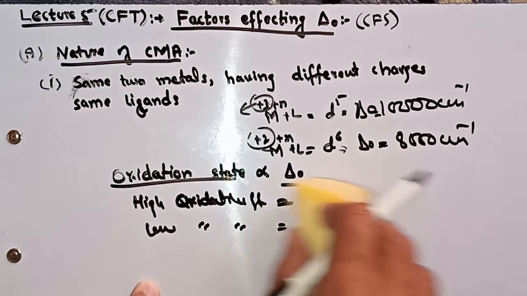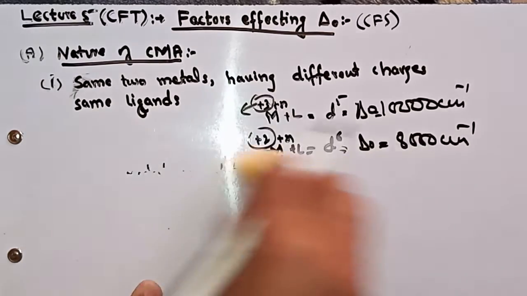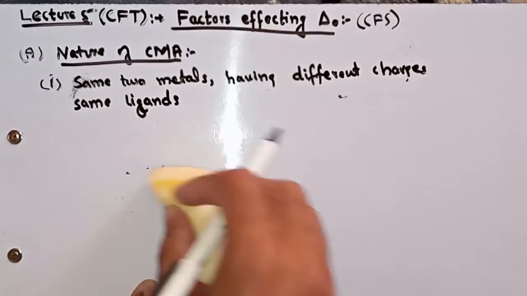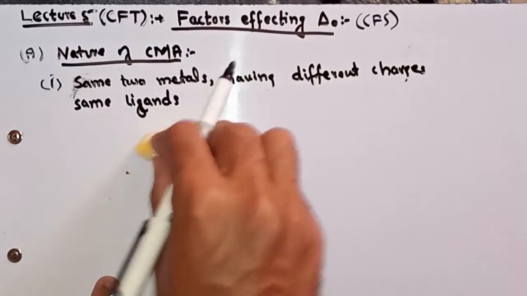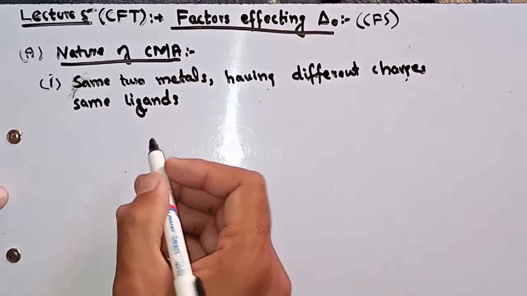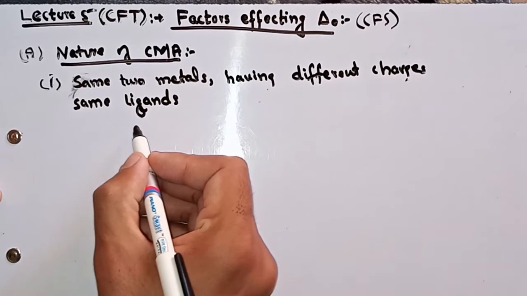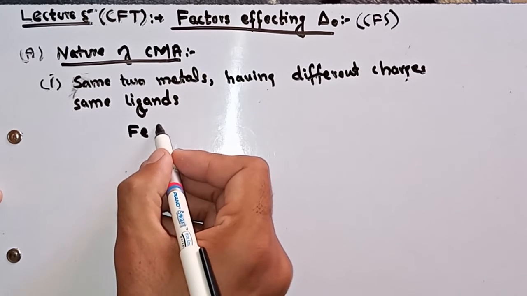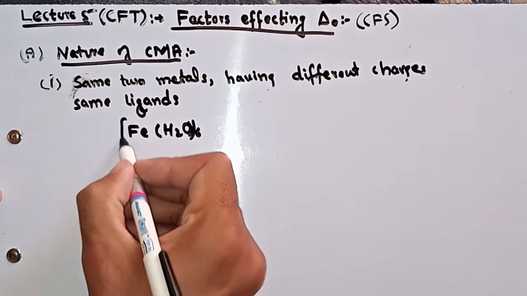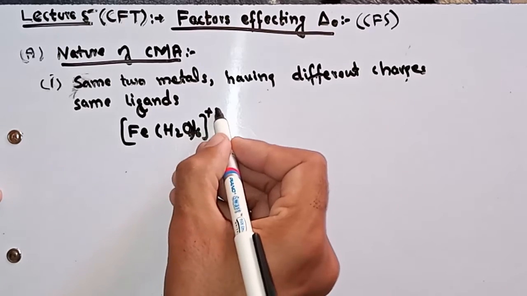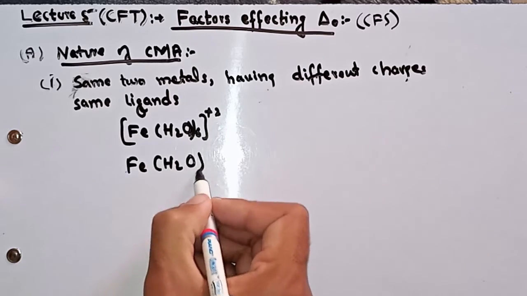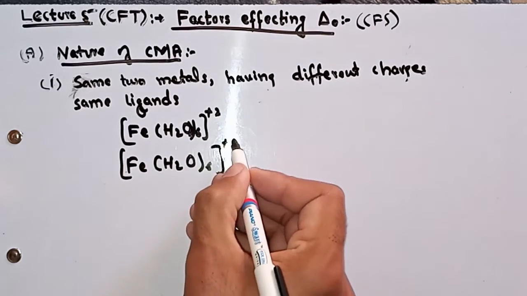So let's do an example. Here is [Fe(H2O)6] with plus 2 charge, and here is [Fe(H2O)6] with plus 3 charge.